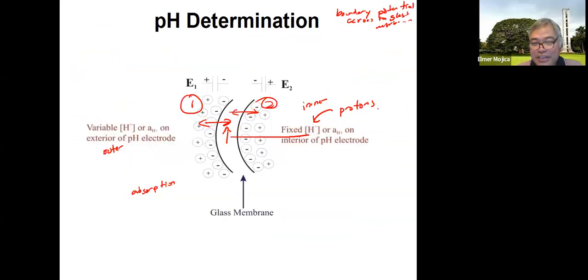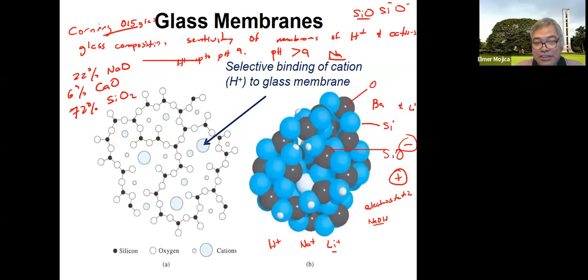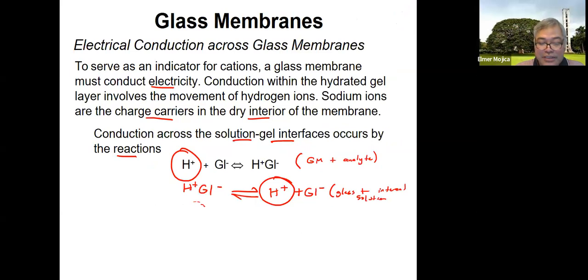Kasi parang may junction sila dito eh. Okay, so we could say that's a boundary potential that is happening across the membrane, and the magnitude of this boundary potential depends on the ratio of the hydrogen ion activities of these two solutions, the outer and the inner.